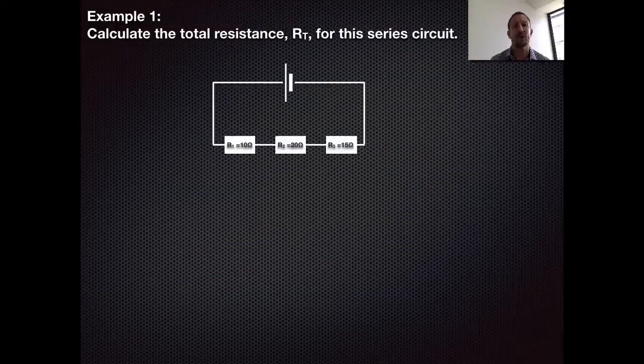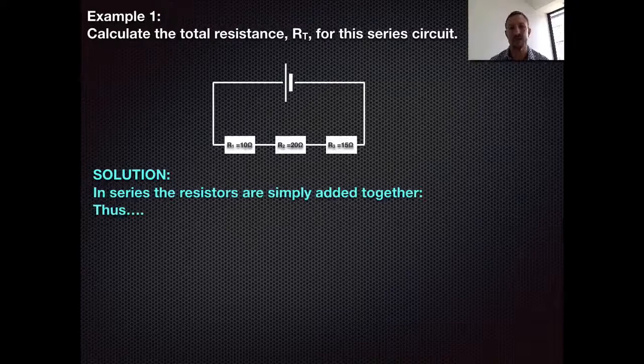Okay, well the best way to work on this is to actually work through an example. So here I've got example 1, and we're going to work out the total resistance, RT, for a series circuit. So I've got a battery, I've got R1, R2, and R3. R1 is 10 ohms, R2 is 20 ohms, and R3 is 15 ohms. So in order to calculate this, we go back to what we learned in the previous slide, that basically we add our resistors together.